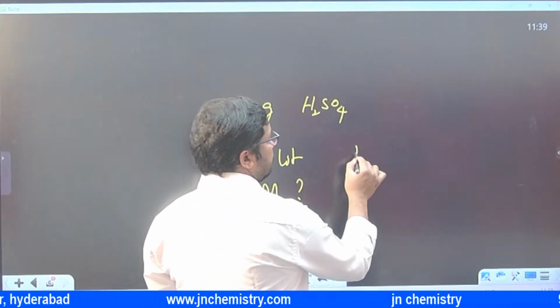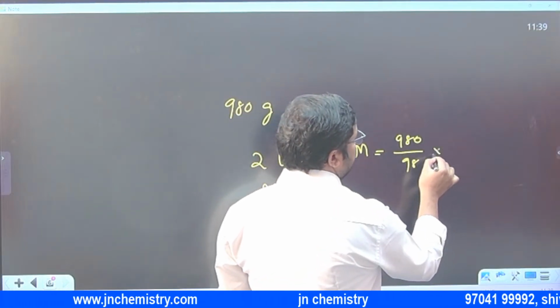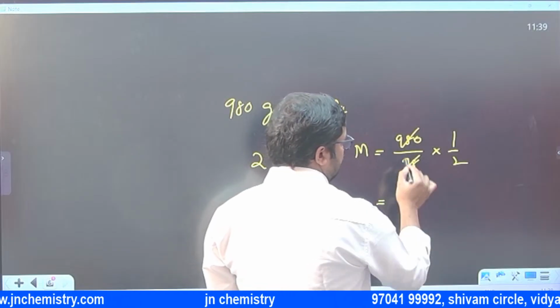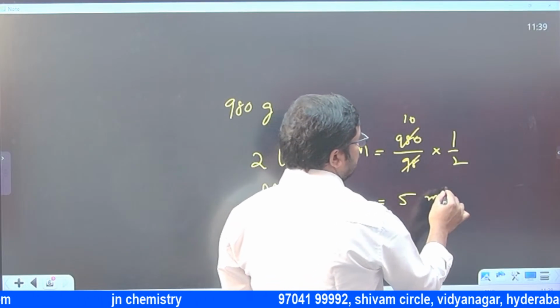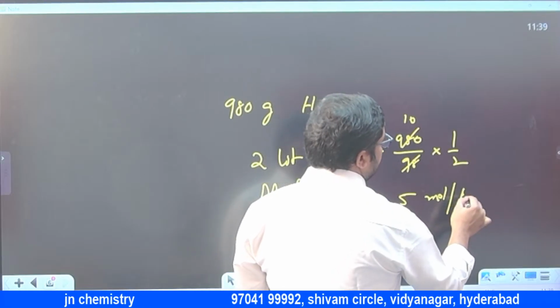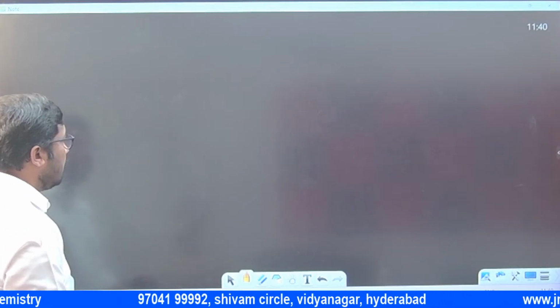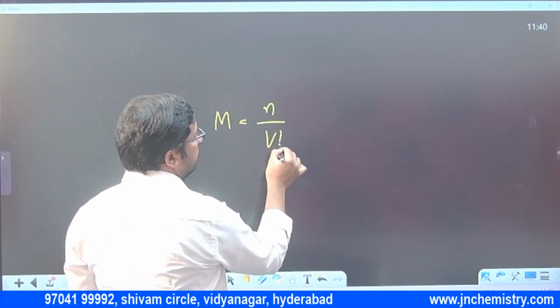So molarity is equal to 980 by 98 into 1 by 2. This is 10, right? 5 mole per liter.